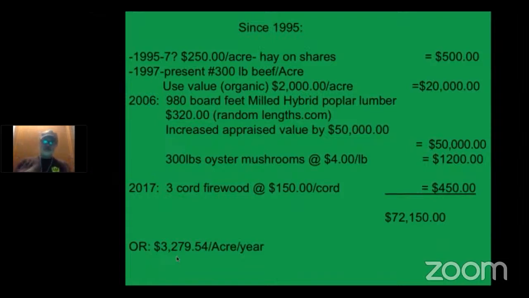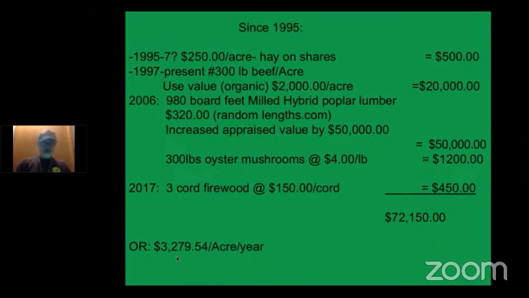What's important about this: did I get most of the value from the agricultural production? Not necessarily. Selling the beef, the mushrooms, and the wood would be considered the agricultural value of that. I get the use value for the beef and the equity value from the building that I built out of it. One of the things that I didn't even do was throw in the change in value of the land.